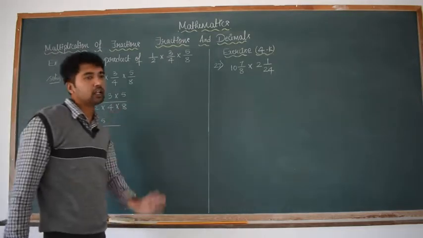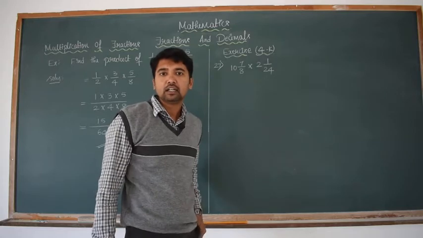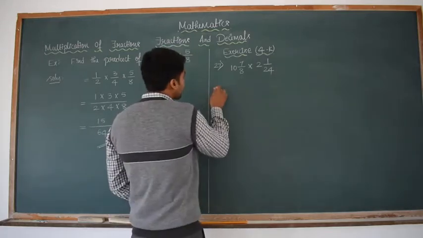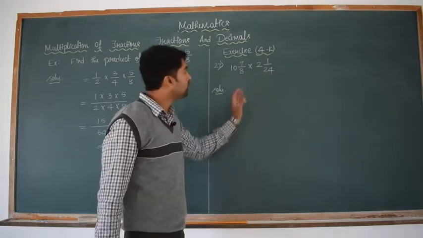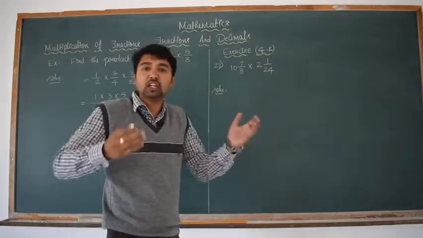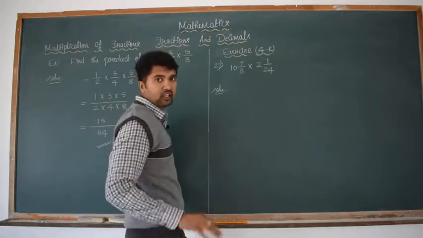So the question is very clear. So dear students, as I told you, what must be done in such a situation? Both the fractions are mixed fractions. You need to convert them into improper fractions, isn't it? So let me try that with the direct method.